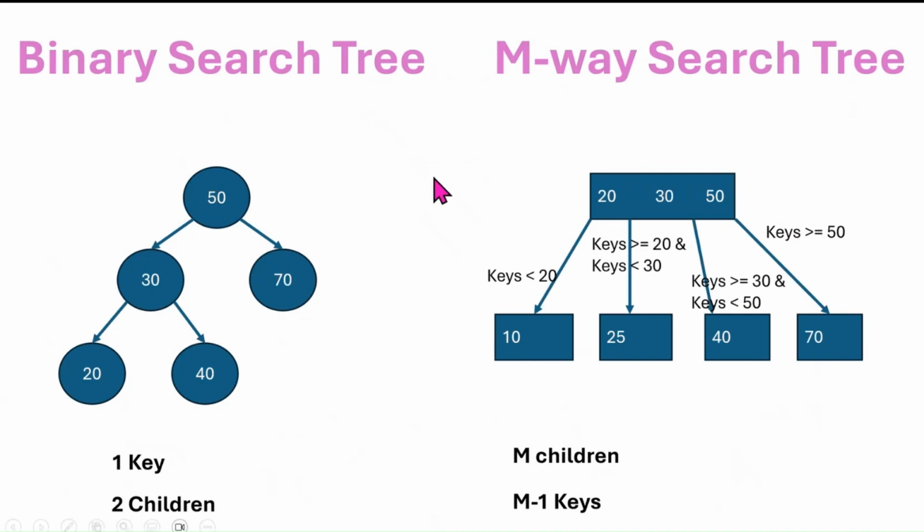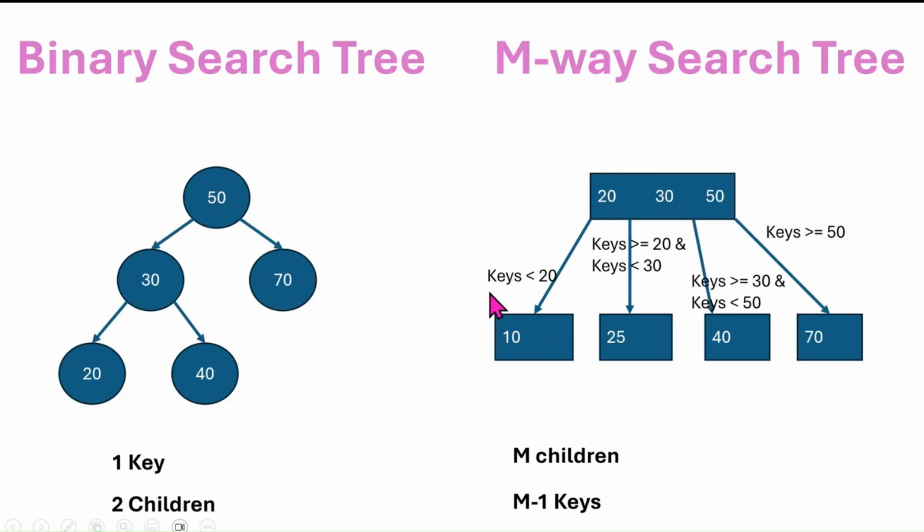As we saw in the previous slide, the indexes or the keys are stored in sorted order. That is why it is called a search tree. Similar to BST, it is an M-way search tree, where M is the number of children. Let's say M is 4, so it contains 4 children and M minus 1, that is 3, keys.